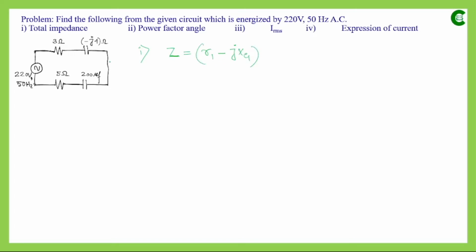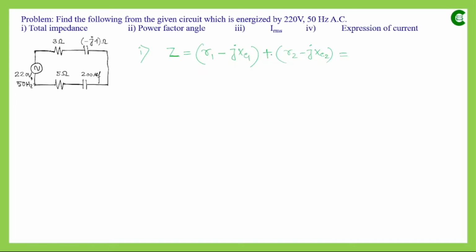This is for the first RC branch. Then for the second RC branch, we can write R2 minus jXC2, and since they are connected in series, we can simply add them to get the final impedance.